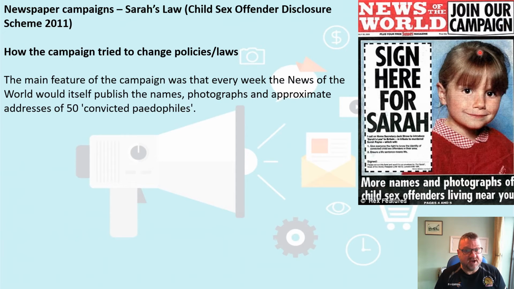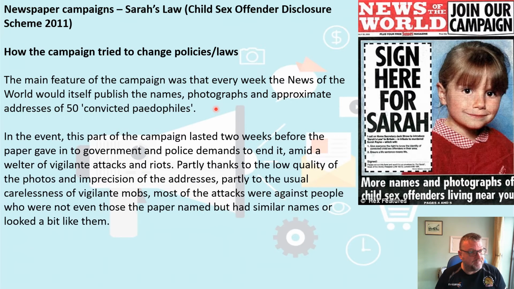And here we see again, campaign for the petition, and more names and photographs of child sex offenders living near you, with an urgency to join our campaign. Now, in reality, this part of the campaign only lasted 2 weeks before the paper gave in to government and police demands to end it, because what happened as a result of the publication of these names was a huge welter of vigilante attacks and riots.